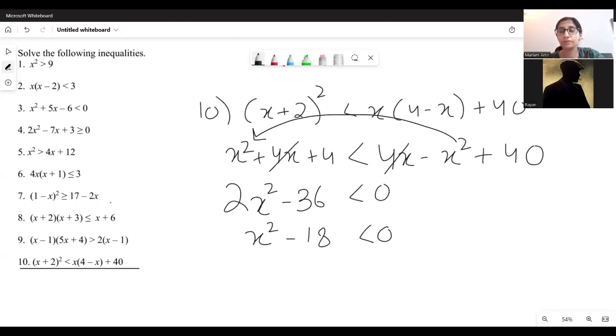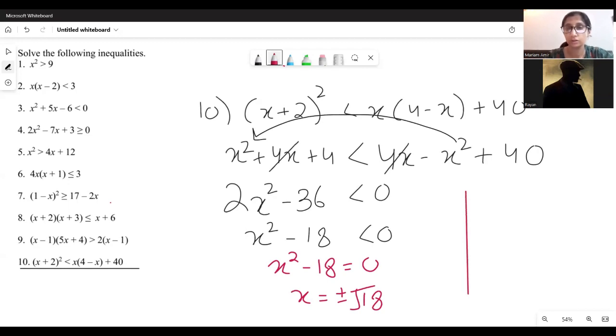Now, since we have 0 on one side, we can treat it as an equality. X squared minus 18 equals 0. So x equals plus minus square root of 18. Let's sketch. One solution is square root of 18. The other solution is minus square root of 18.